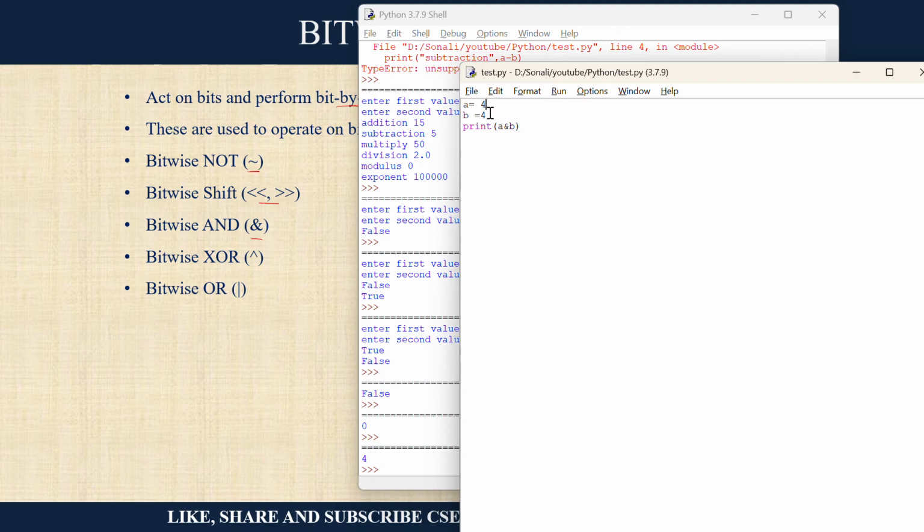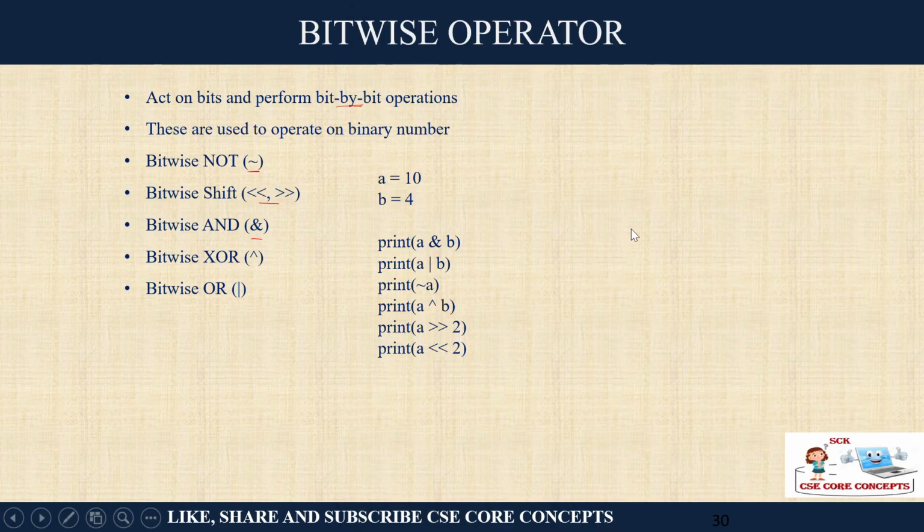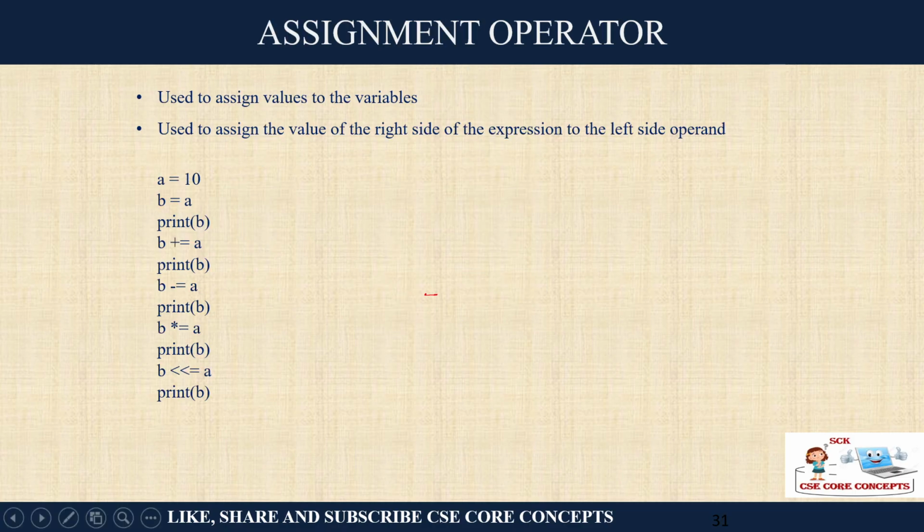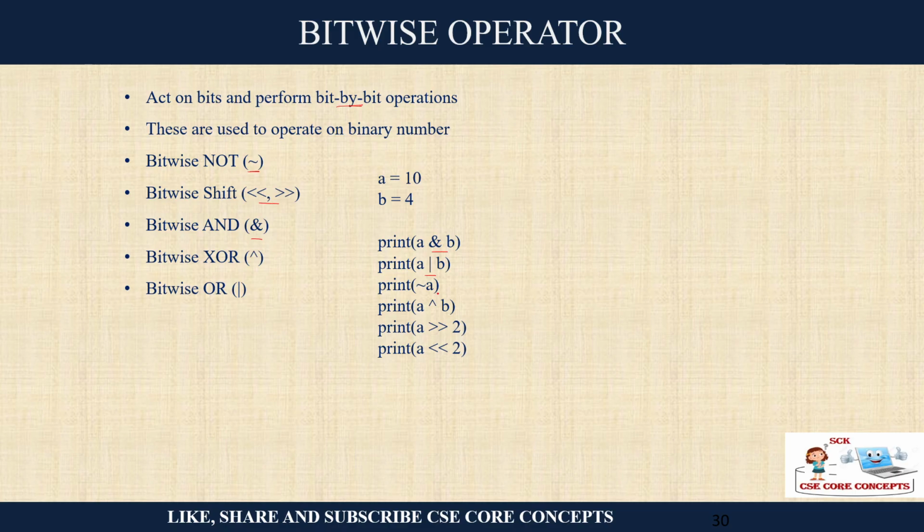Or you can take some other values also. So this is your bitwise operator. So bitwise you can perform A and B, A or B. You can try each one of them. This tilde sign is for NOT. Then this one is for your XOR. This one is your shift, right shift and left shift.